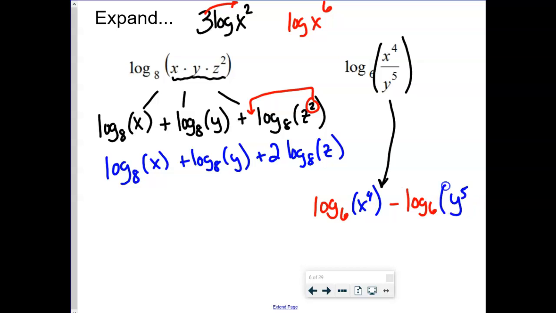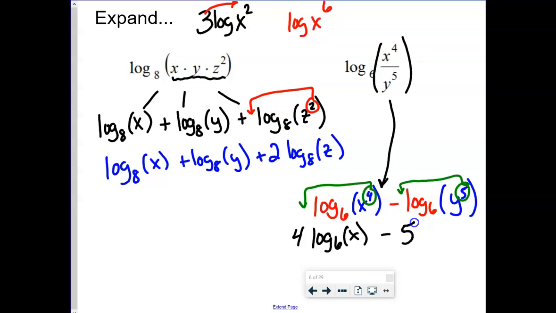But why would one argue that this is not fully expanded? No, these powers. There's too many things inside of each logarithm. So this power has to come down in front of this logarithm, as does this one. And if you guys could have done that in one step, that is amazing, and I'm very happy for your fluidity in math. 4 times log base 6 of x minus 5 times log base 6 of y.